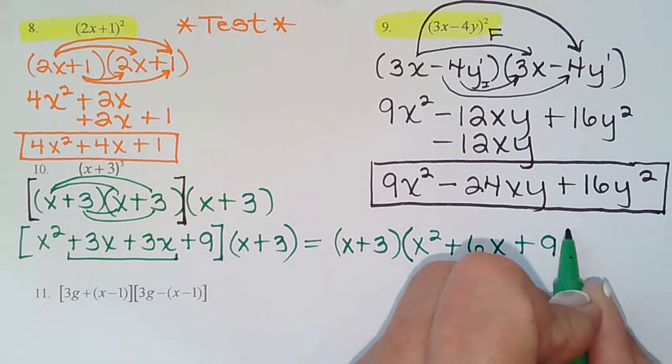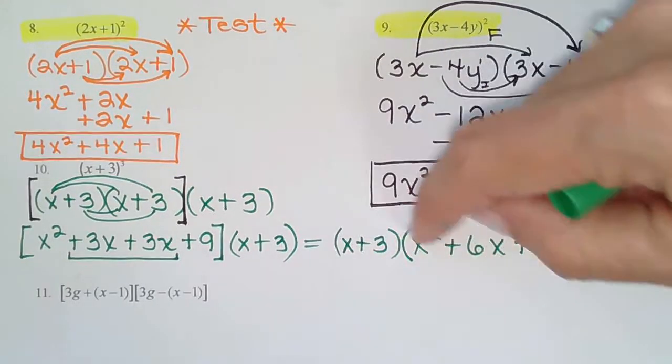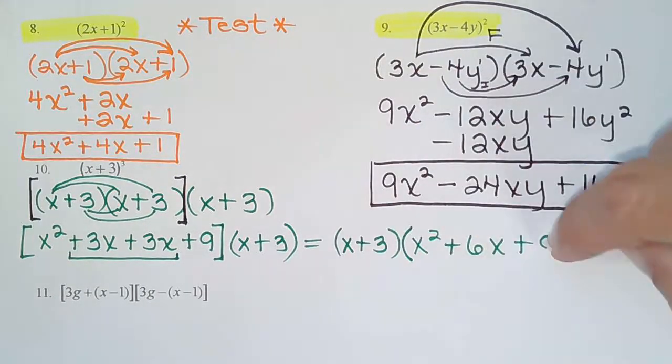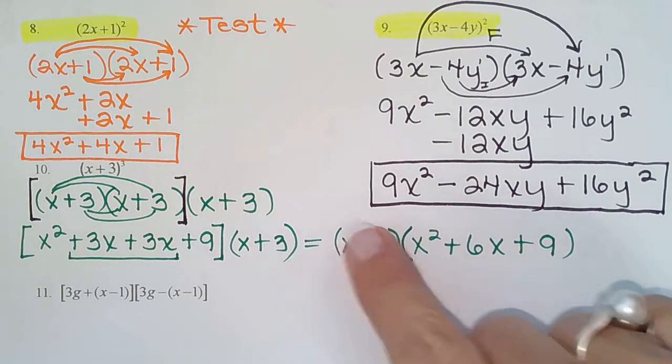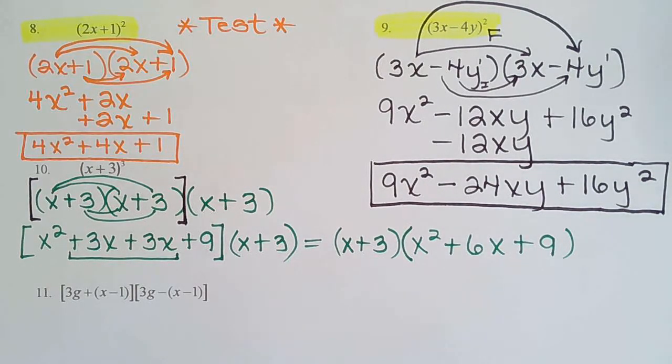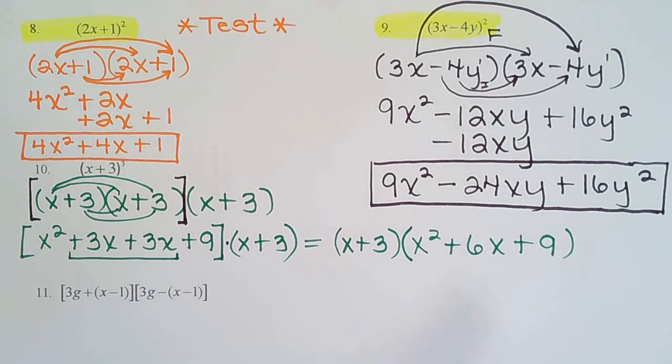So for my eyes, I don't know if this is true about everyone, but for my eyes, taking a smaller one and distributing it to the larger one is a lot easier than taking this and going there. It's easier to get lost. So that's why I like having my smaller polynomial first. And multiplication can always have the order switch, just like addition can.